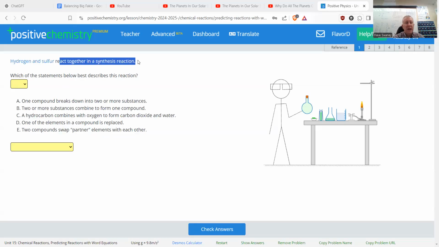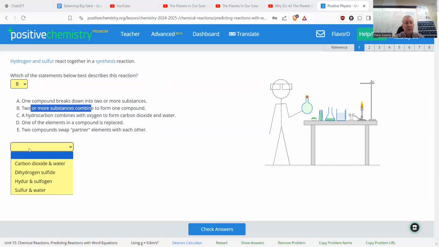So a synthesis reaction means we're only going to make stuff. So two or more combine to form one compound. And hydrogen and sulfur react together.